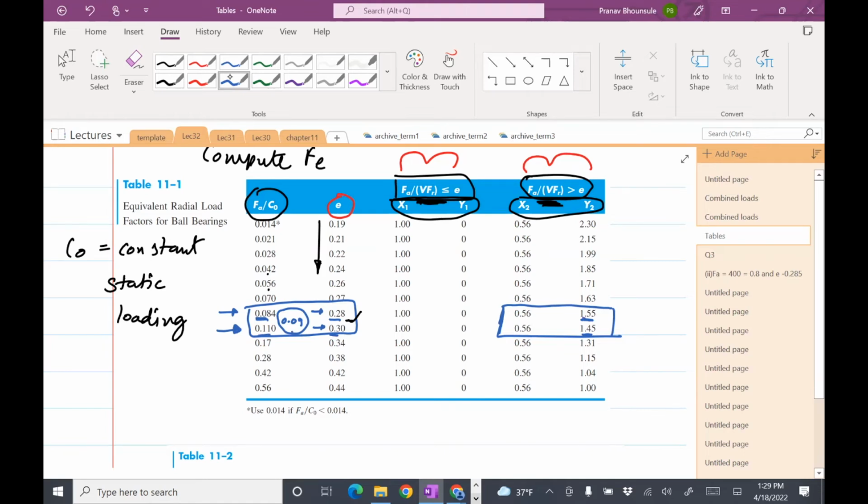But we want to figure out the value for FA divided by C0 of 0.09, which means we again have to interpolate. We don't need to interpolate x2 because it's constant, it's 0.56. So I'm just going to write this down again, so that we can easily use that to interpolate.